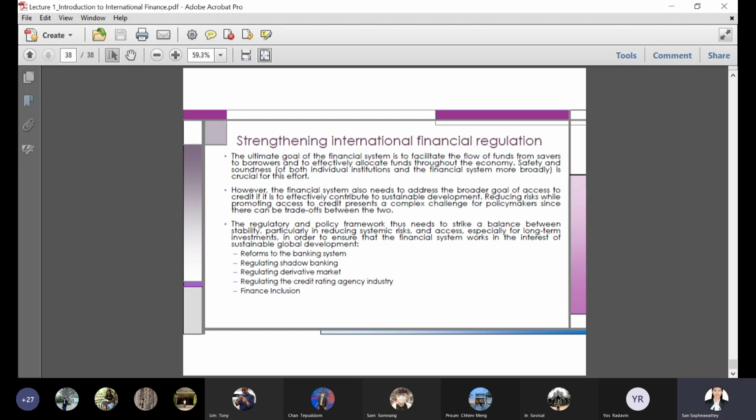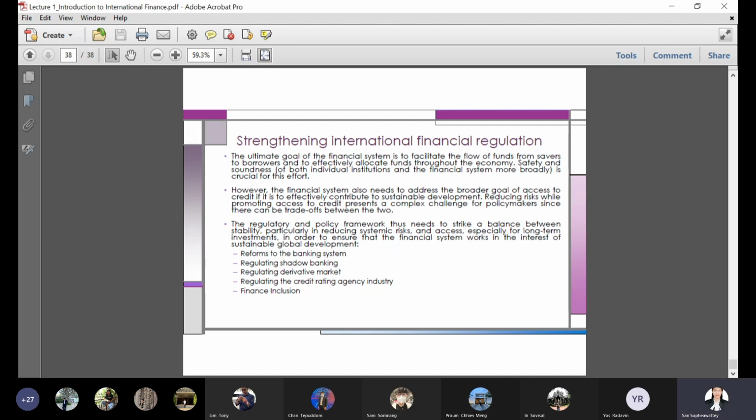So safety and soundness of both individual institutions and the financial system is crucial for strengthening international financial regulation. We'll be looking at the role of the financial system in the next lectures.